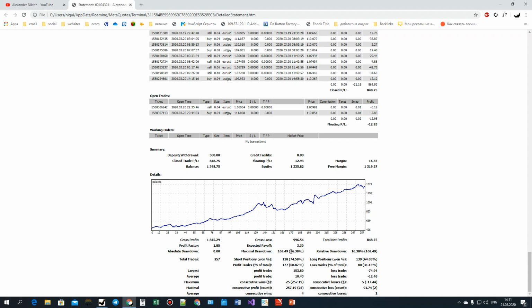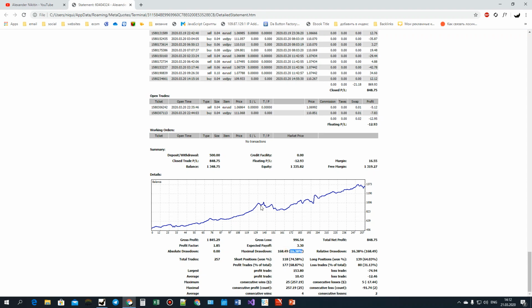Maximal drawdown is 16%. Well, it was this one. So I just calculated that my starting amount of 500 was not a big amount. That's why this $168 retracement, $168 drawdown, is 16%.